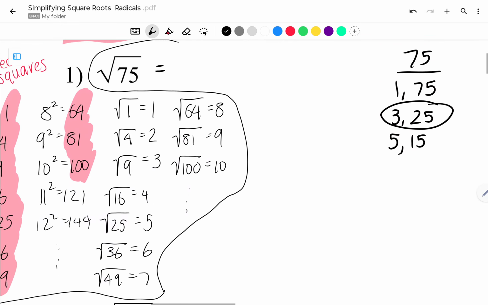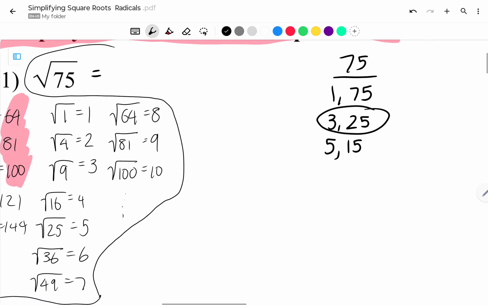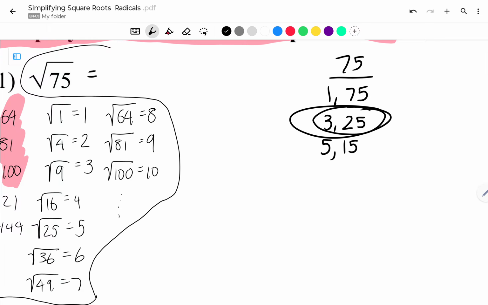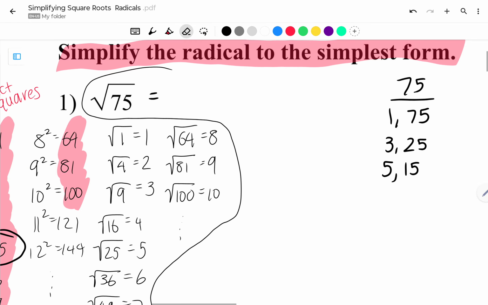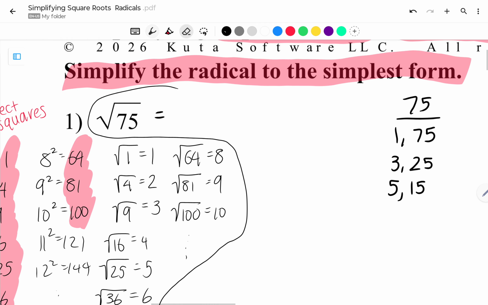Right here, I see 25 is a perfect square, and I have 25 here. So what I'm going to do is rewrite my square root of 75 as the square root of 25 times 3.